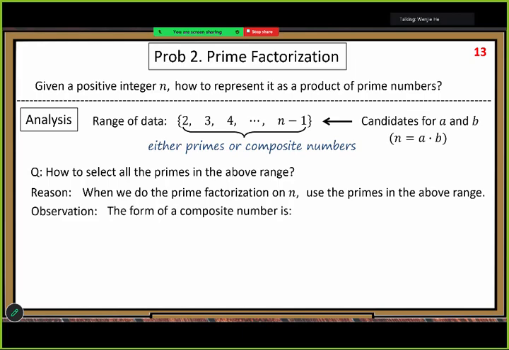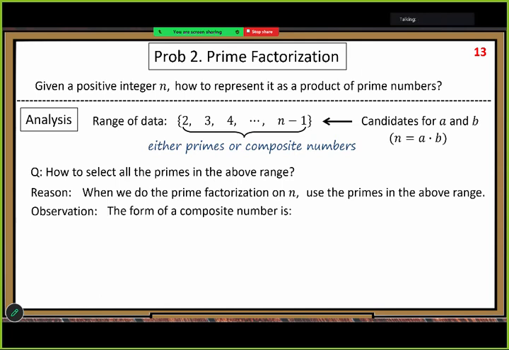So let's do an observation. To form a composite number, the form. Because we want to throw away composite numbers, and because prime numbers are harder to detect.